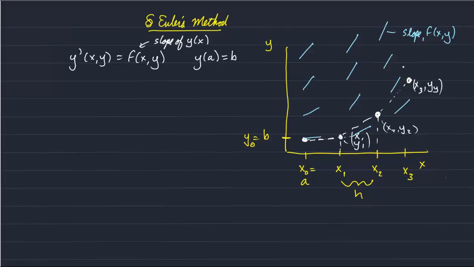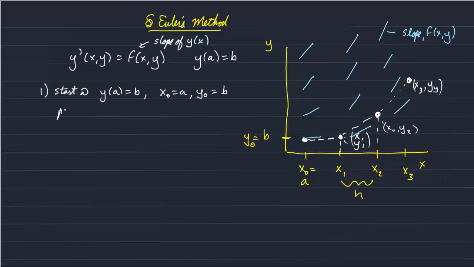Now let's show how we're going to go about doing it. So again, the first step was to start at our initial condition, that is y of a is equal to b, and that is x0 is equal to a, and y0 is equal to b. This is our starting point.